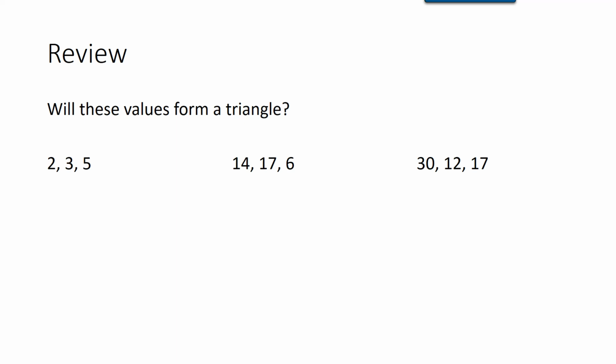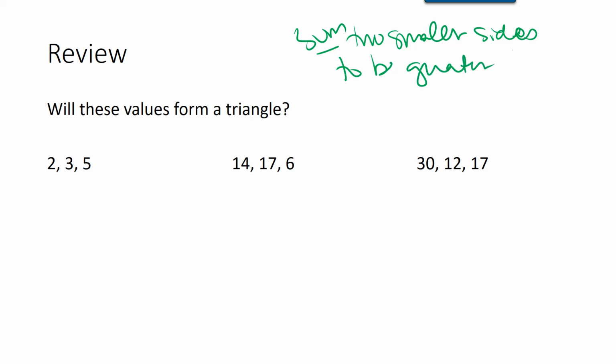We've got 3 lengths for the sides of a triangle, and we want the sum of the 2 smaller sides to be greater than the third side. Okay? If the sum of those 2 smaller sides is greater than the third side, then we make a triangle. We don't know what type of triangle at this point, we just know that we make a triangle.